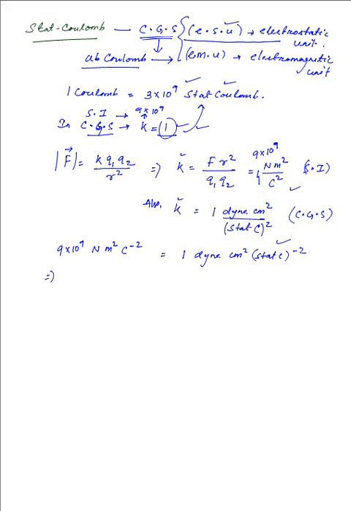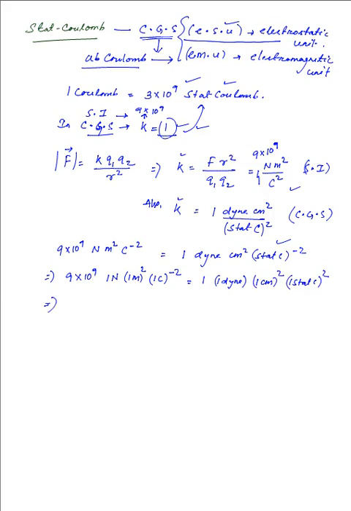And from that, what we get is 9 times 10 to the power 9, which is nothing but equal to 1 Newton times 1 meter squared and 1 coulomb raised to the power minus 2. And on the other side, we have 1 dyne, 1 centimeter squared and 1 stat coulomb squared. It is by dimension analysis that we will be getting this value.